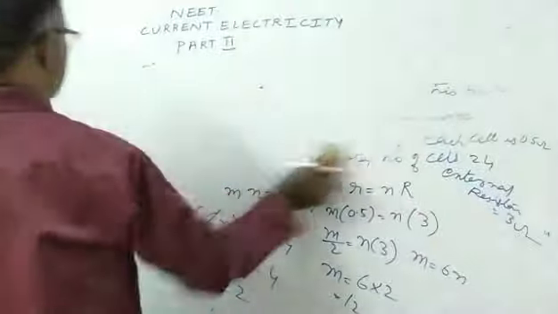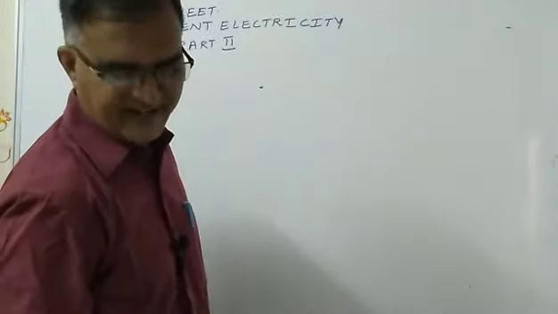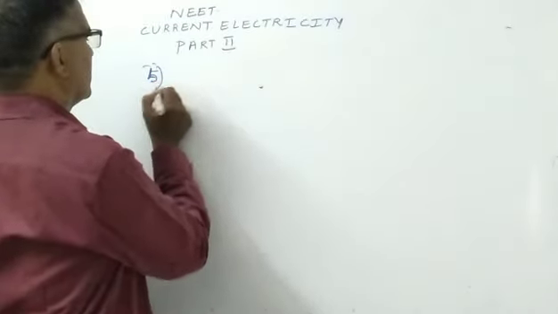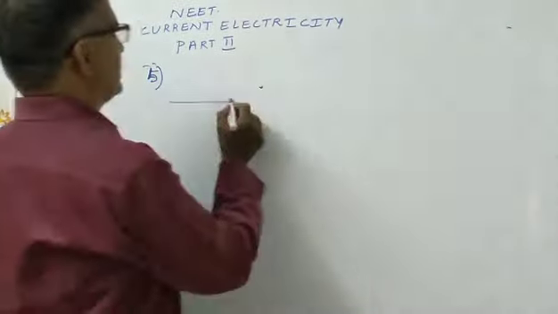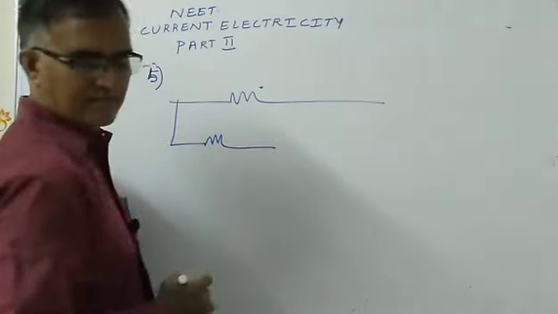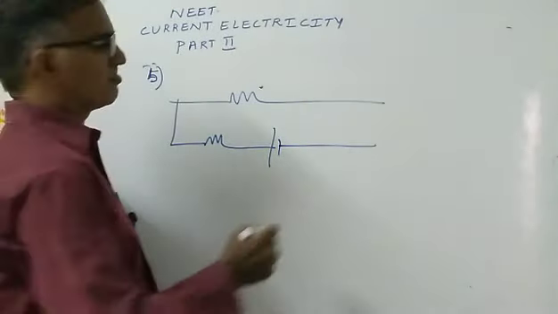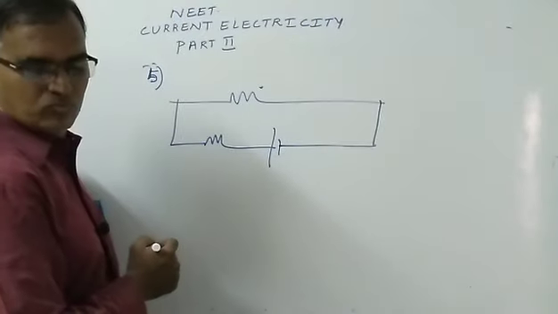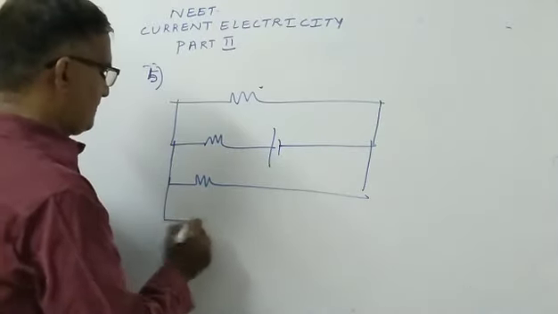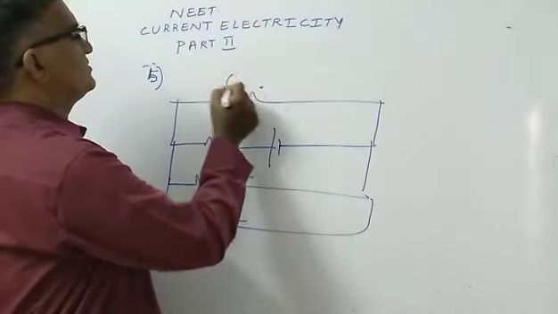Now here you have a circuit like this, with 3 ohms here, 2 ohms here, and 6 ohms, and 4 ohms here.